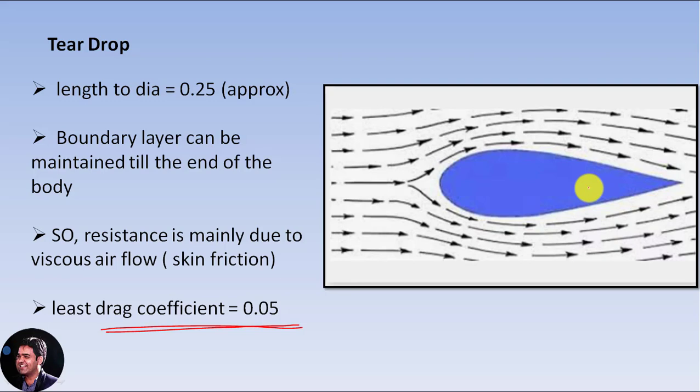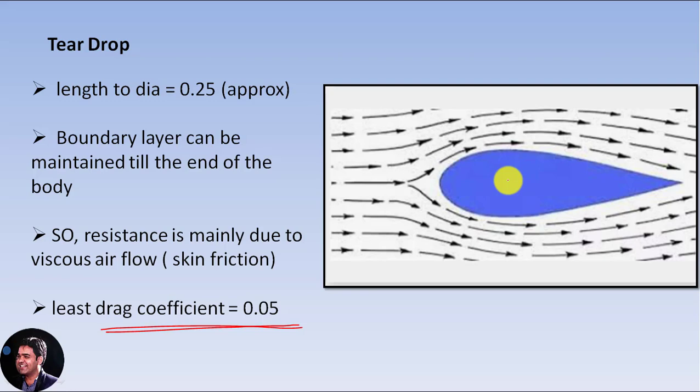So the question is, why are manufacturers not producing a vehicle which has a body shape like this? The reason is it is impractical, just because the outer body profile creates a vehicle's aesthetic look. If the manufacturers produce such a shape in vehicles, it affects marketing.